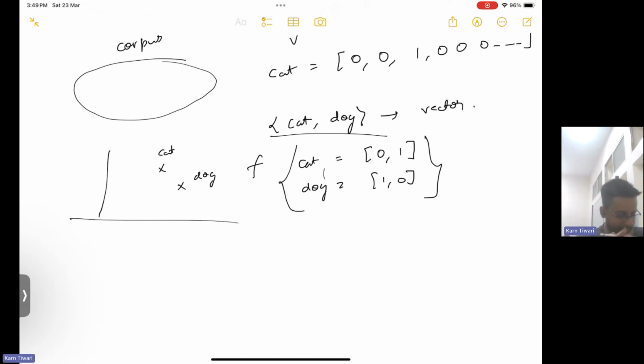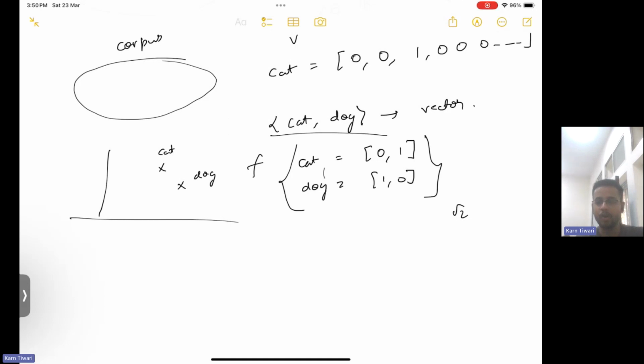The main drawback of the one-hot representation is that we are assigning a one-to-one mapping between a binary string and a word. Also, the Euclidean distance, the L2 norm, between any two words is always constant, root 2. This says that cat and dog are as near in the representation as dog and truck.